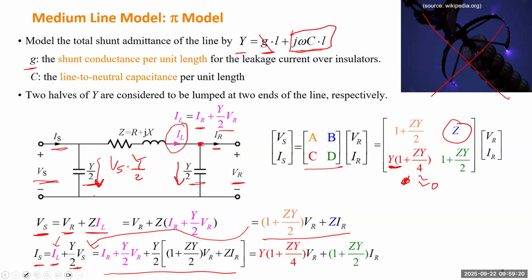And for the two diagonal elements, those are new elements added to the diagonal. So if Y can be ignored, this one is also close to 0. All right. So if Y is very small, this model will go back to the short line model, which becomes 1, 1, 0, Z.